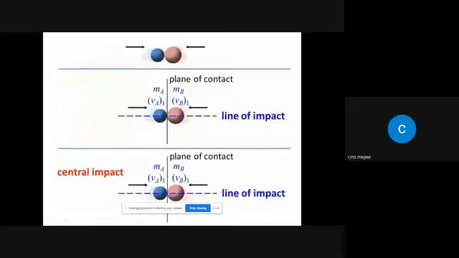Okay, so let us consider two objects, object A and object B. Sometimes I will use the word body, sometimes object, sometimes particle. All of them basically have the same meaning.